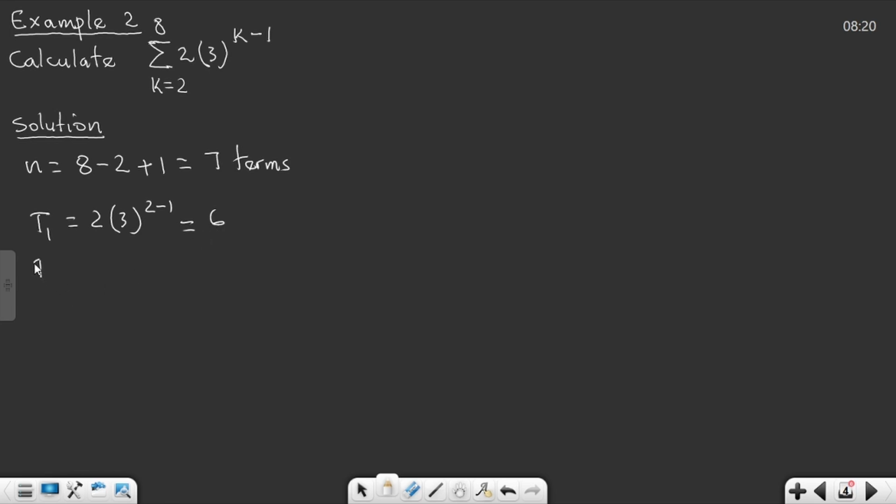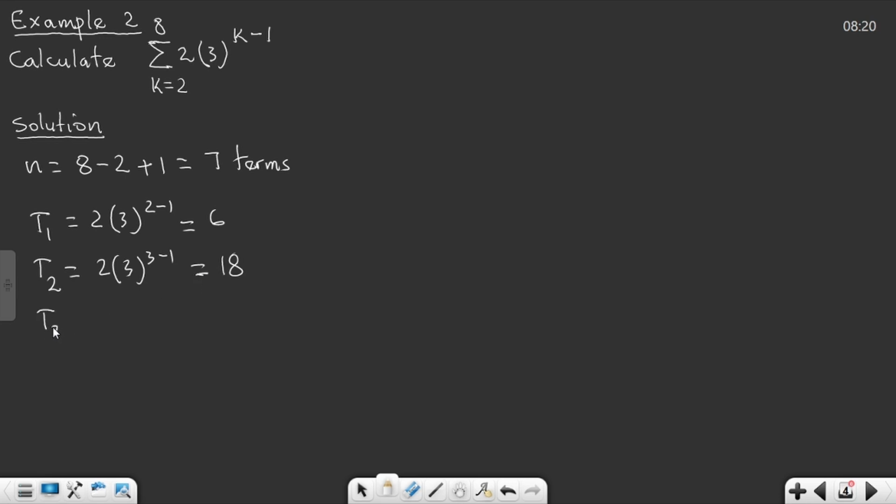And then T2 is equal to, now I'm going to replace my k with 3 because I started from 2. The next value to replace will be 3. And this will give me 3 minus 1, it's 2. 3 to the power of 2 is 9 times 2, 18. I hope you can see that.